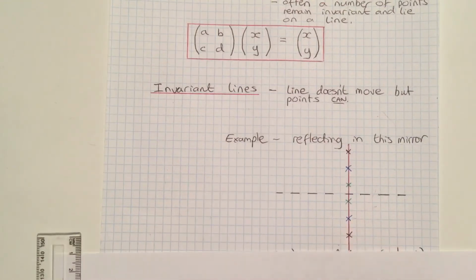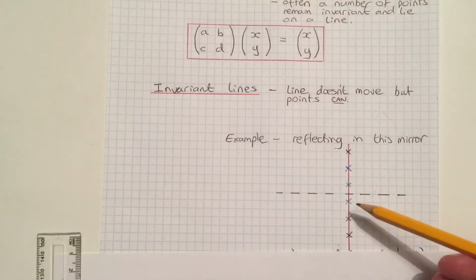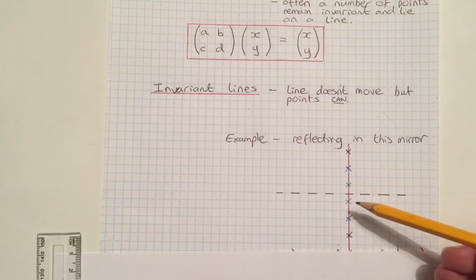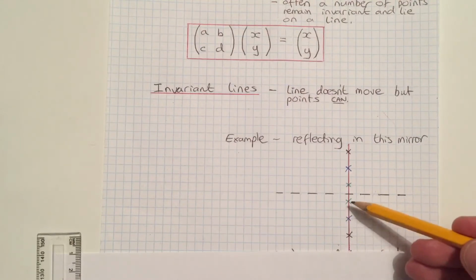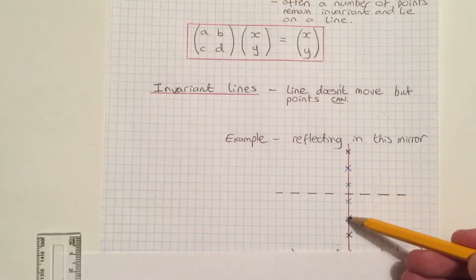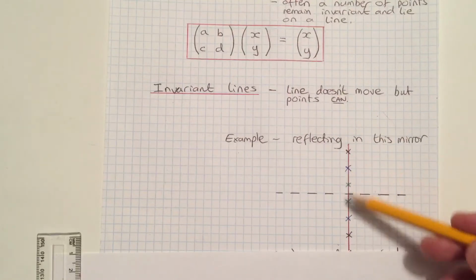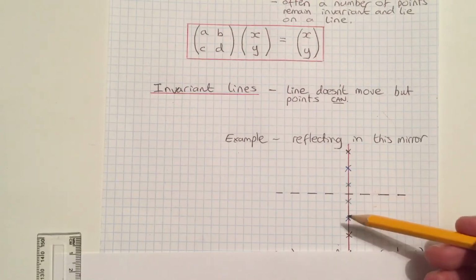But the line itself, this line here, when I reflect in this mirror line, the red line wouldn't move. It would be invariant. All of the points on that line would move. Like I said, the green gets reflected here, the blue gets reflected here. All of the different points on this line get reflected.